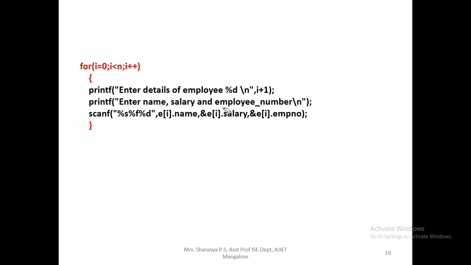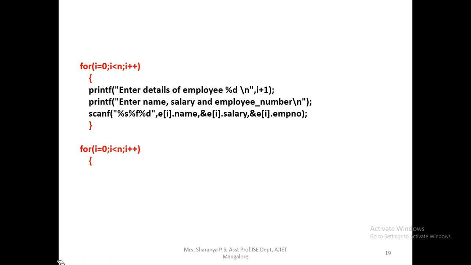And here we are asking the user to enter the details of the employees. We have to take the values of name, salary and employee number. We are storing them under e of i dot name, that is e of 0 dot name, and next e of 0 dot salary, e of 0 dot employee number. In the next iteration, e of 1 dot name, e of 1 dot salary, e of 1 dot employee number, like that.